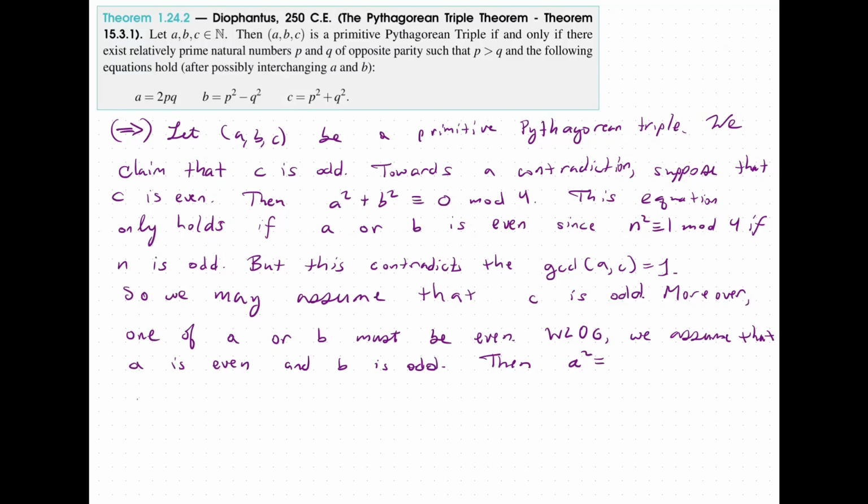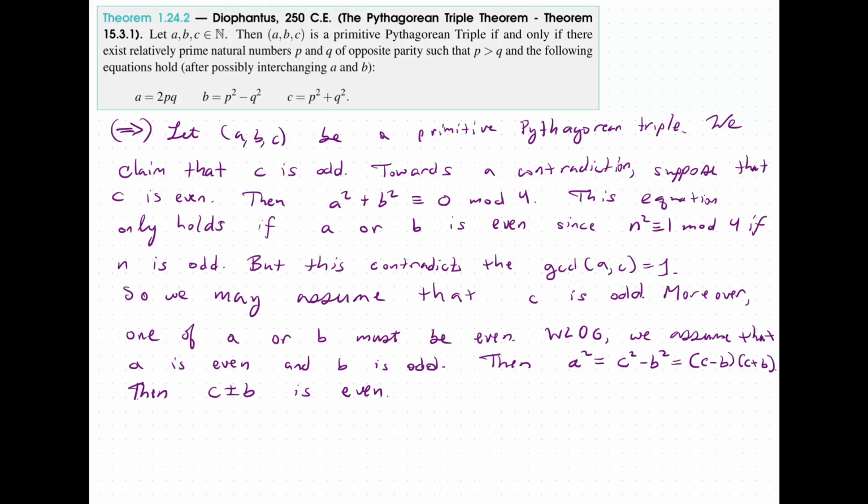We have A squared is equal to C squared minus B squared, which is C minus B times C plus B. But now, since A is even and C and B are both going to be odd, we have that C minus B and C plus B are going to be even. And so we have this here.